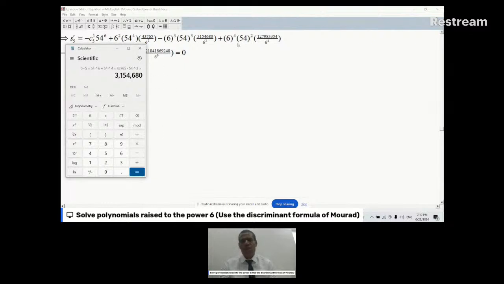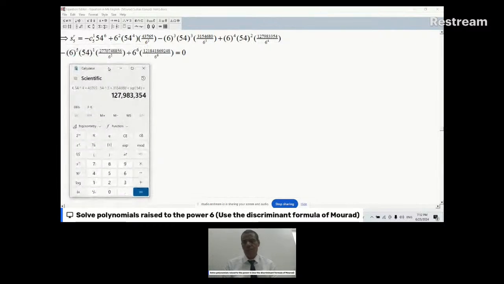Now we move to this plus 54 squared, or the square of 54, times 127 million 983,354. Correct. It remains only the two last.